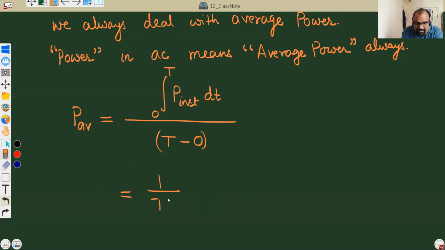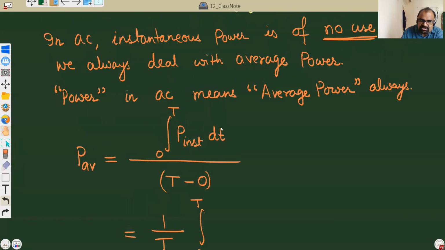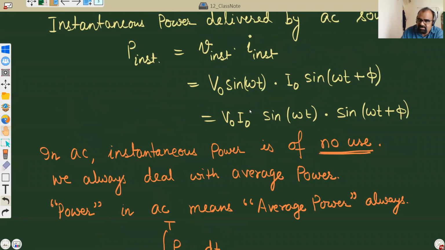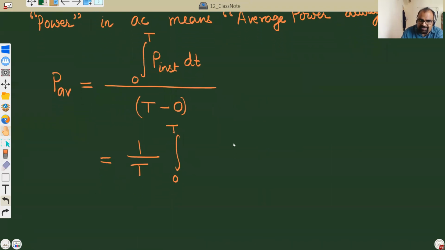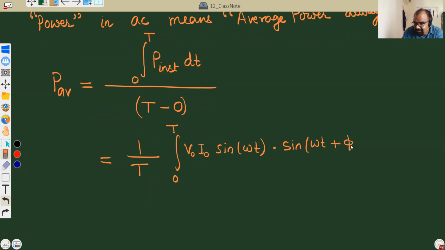So this will be 1 by capital T, 0 to capital T, and then instantaneous power was how much? I had written just here, this one. See, so let me write that. So V naught I naught sine omega t into sine omega t plus phi.